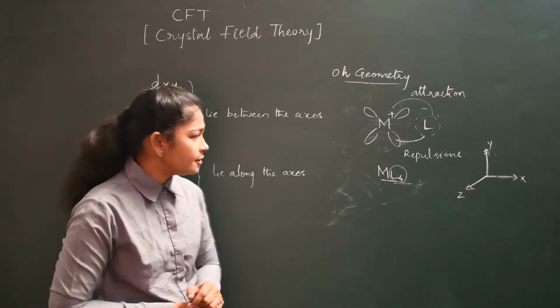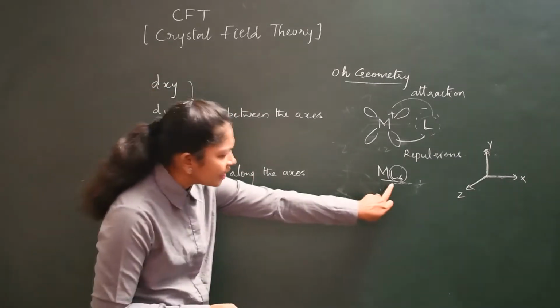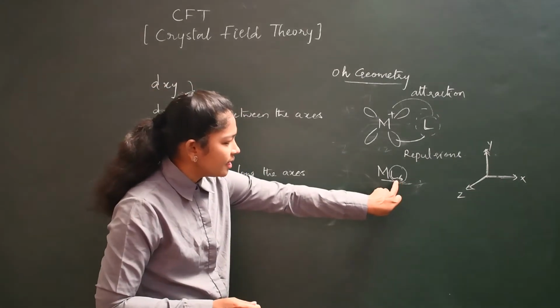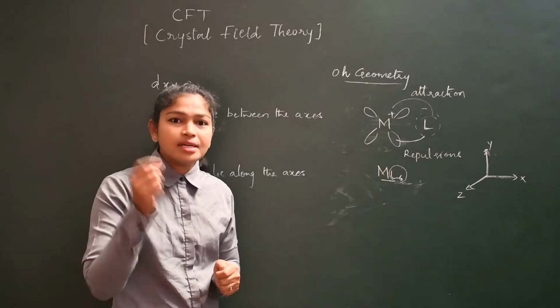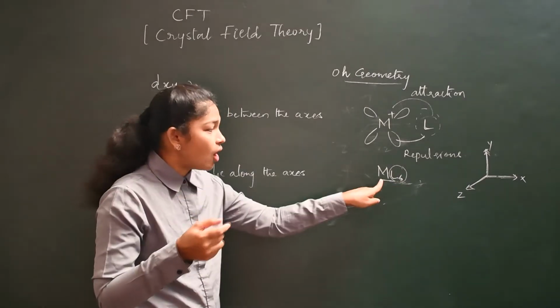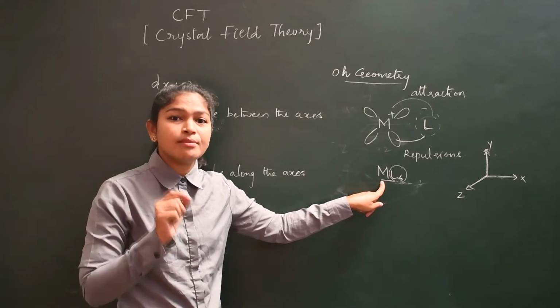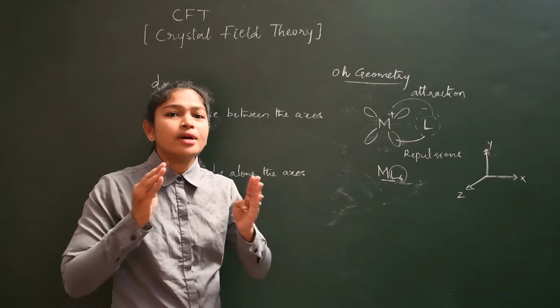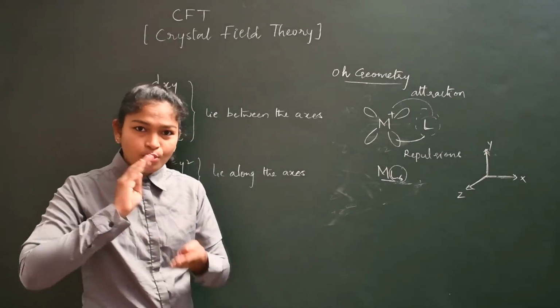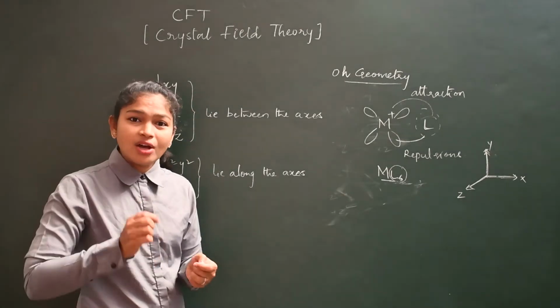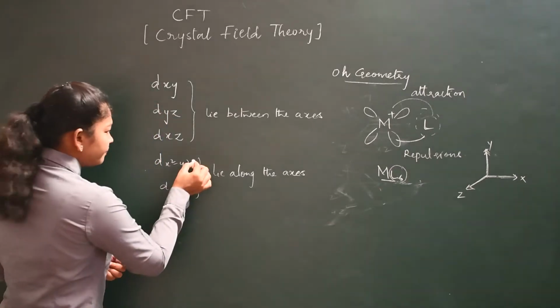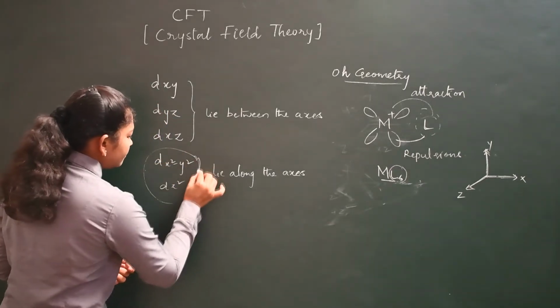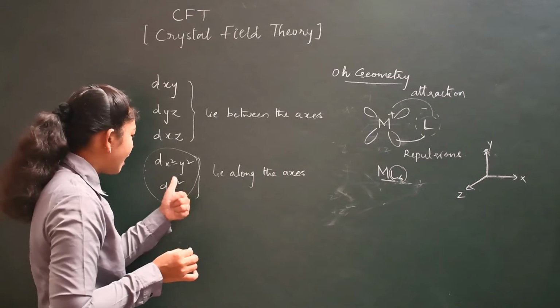When the ligands are lying along the axes, the repulsion between the ligands and the metal orbitals will be more. Along the axes we have these orbitals.